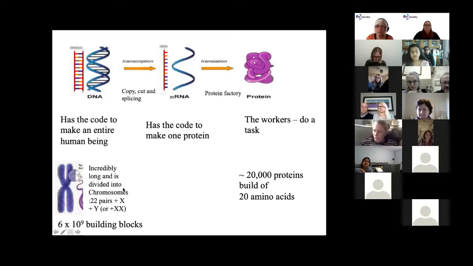So effectively, we have 23 pairs of chromosomes, and they've got DNA in them, and this DNA is tightly bound, tightly woven in, sort of crumpled up, because you've got to get a lot of DNA. If you were to stretch out your DNA into one molecule, it would be 2 meters in length, and it's all got to somehow fit into the cell. So it's very tightly wound up in these chromosomes. And as I said at the beginning, you've got something like 6 by 10 to the 9, 6 billion of these building blocks.